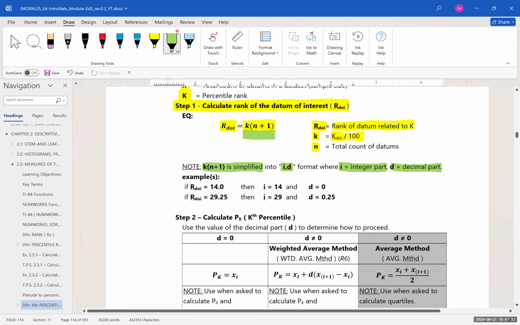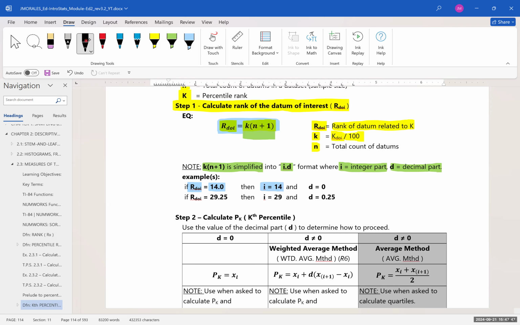So for example, if we had used this formula and we calculated the rank of our datum of interest to be 14.0, then that means the integer part is 14, and the decimal part is 0.